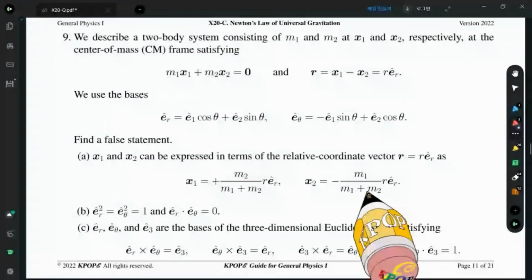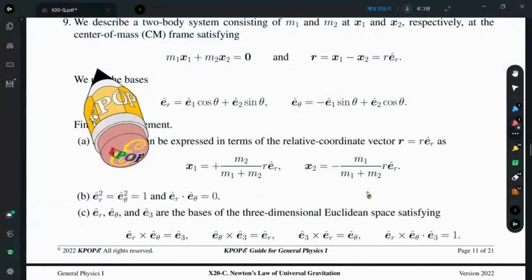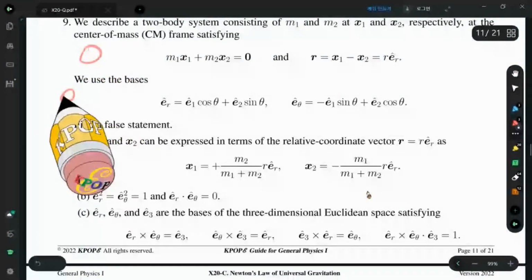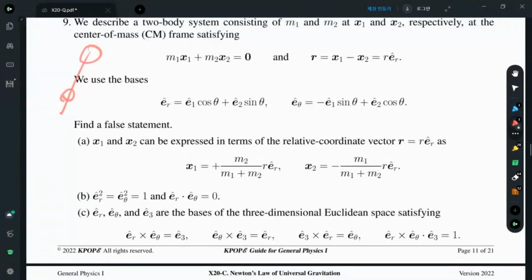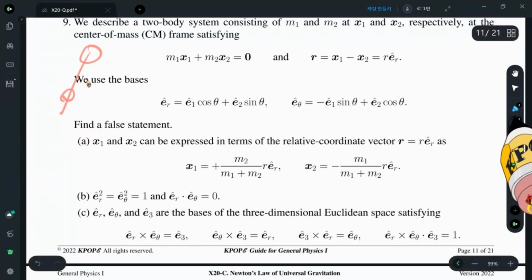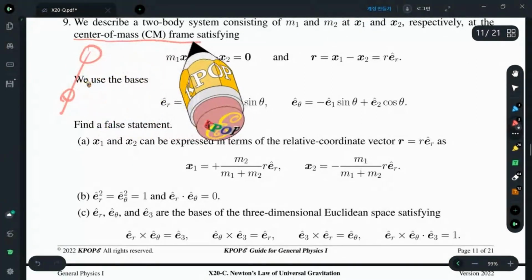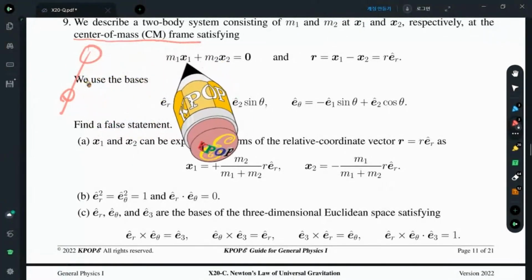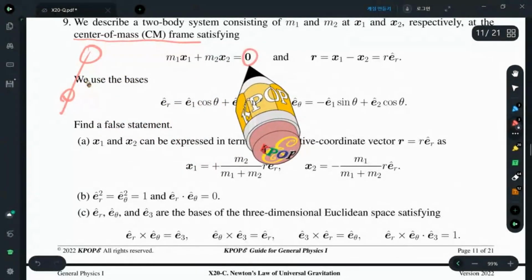The two-body system can be studied. In gravity, we have two massive particles that share the gravitational force. The two-body system can be easily described when we introduce the center of mass frame. In the center of mass frame, the center of mass coordinate is just 0, the origin.